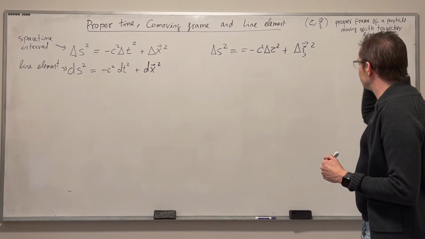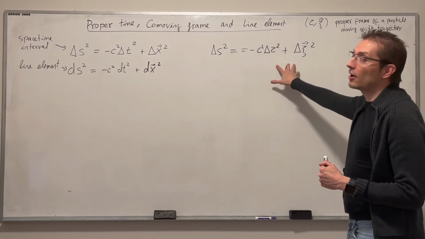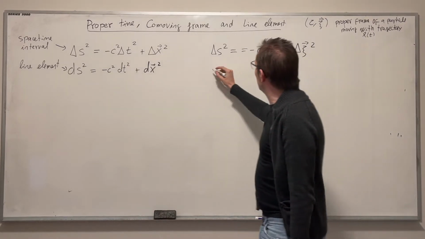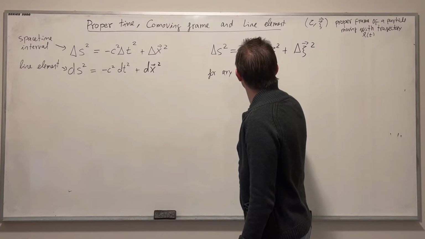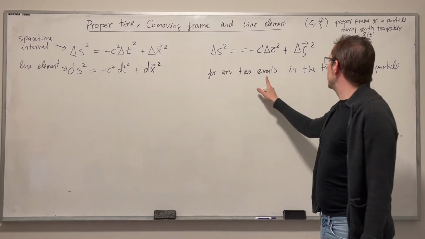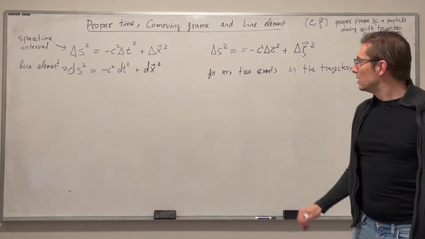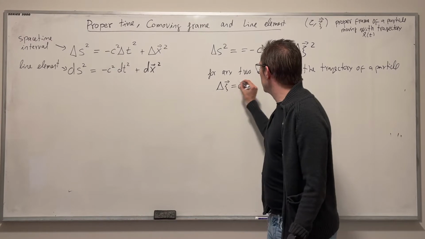Anyway, so we have the proper frame. In my proper frame, for any 2 events in the trajectory of a particle, delta psi will be 0.